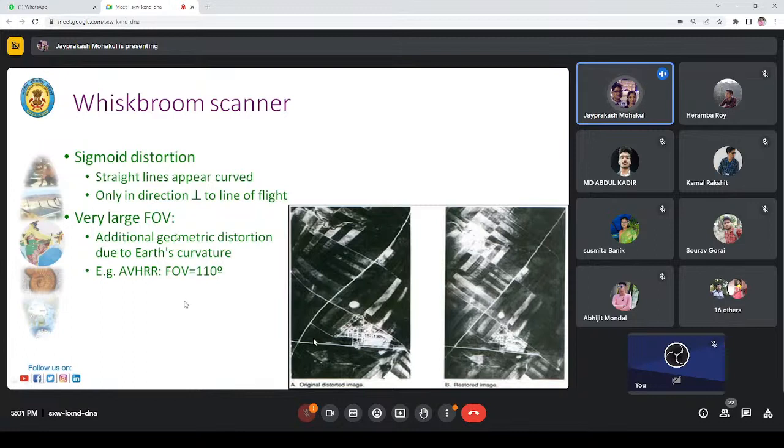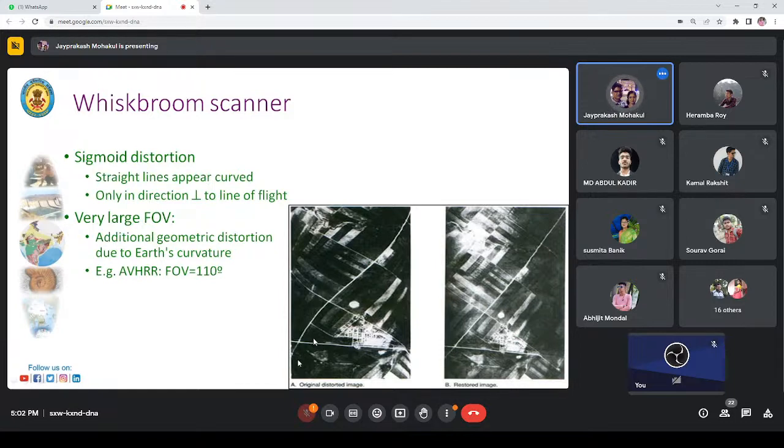The disadvantage is that a straight line appears to be curved. The field of view is very large and it leads to geometric distortion, so that they can be systematically corrected. This is a normal straight line on the surface of Earth. It appears to be curved, right? Since the parameters of all this motion are known, those corrections can be applied and you eventually get a restored image.